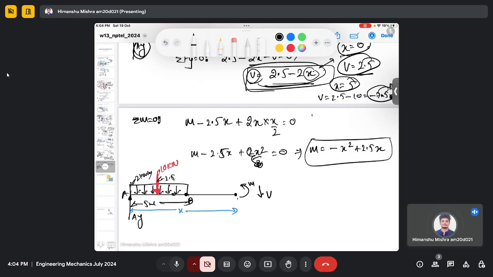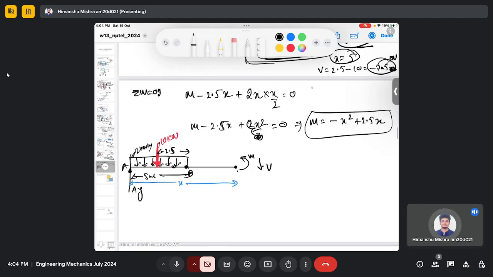This is 2.5. Right? So now we do the usual exercise. First find the shear force by force balance.